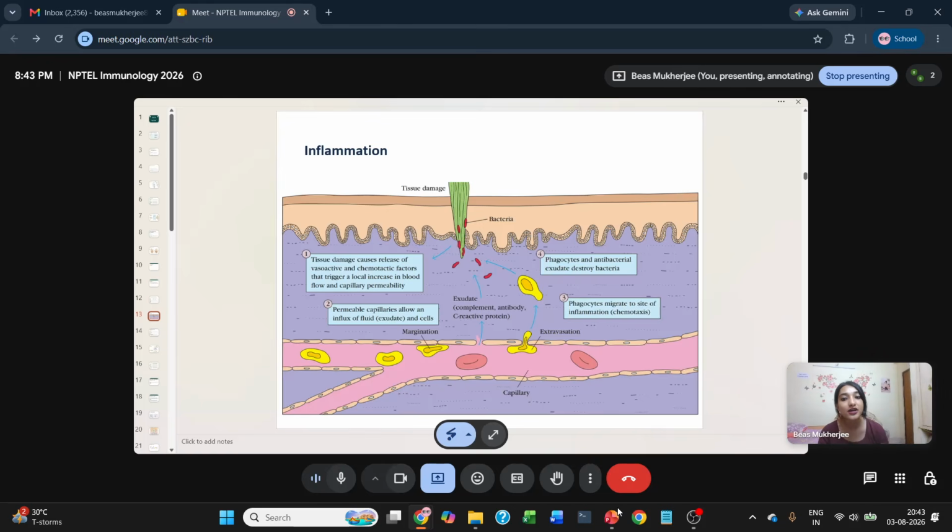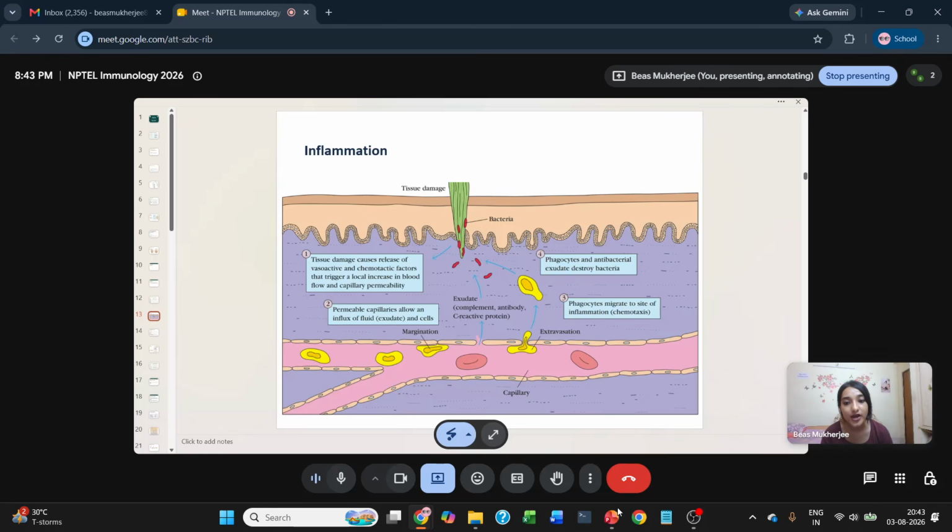Okay, that trigger a local increase in blood flow and capillary permeability. Permeable capillaries allow an influx of fluid exudate and cells. So exudate is the fluid part without the cells, and cell is the cellular part, right?